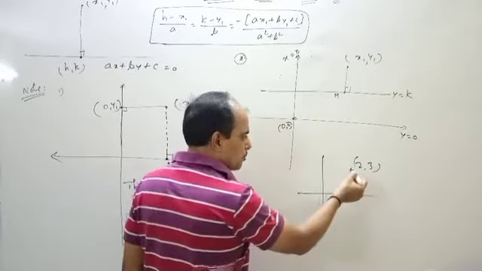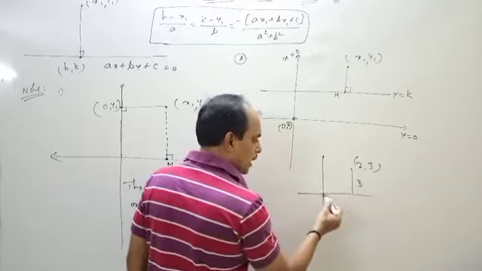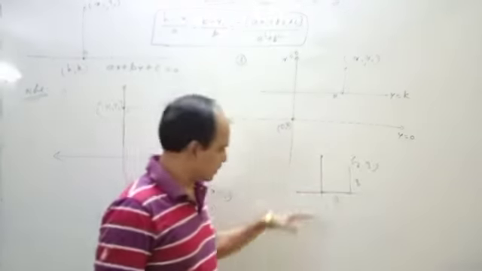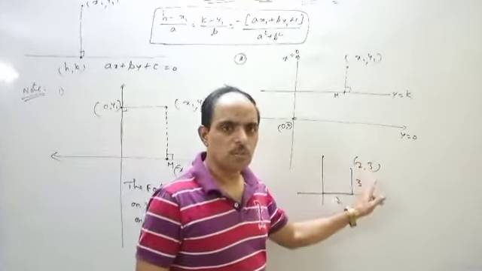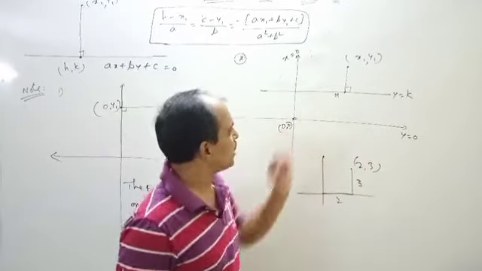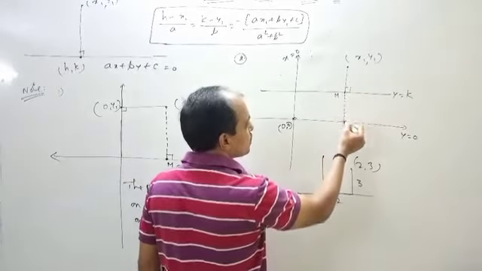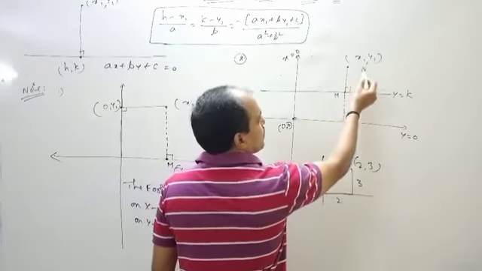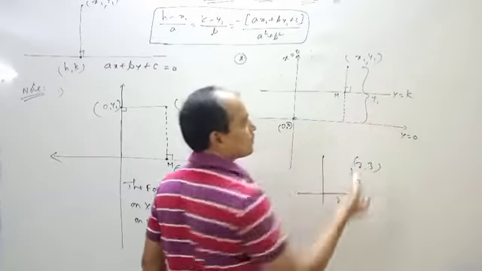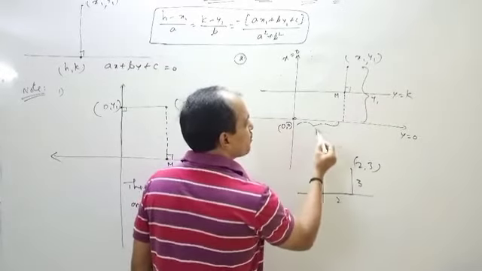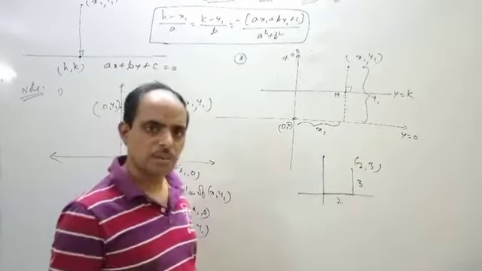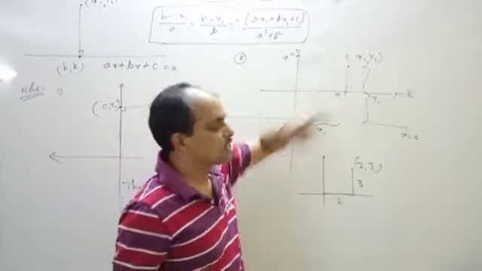What is meant by (2, 3)? This is 2 and this one is 3. Now the point becomes (2, 3). In the same way, observe this one. The point is (x1, y1), which means this is all y1 and this one is x1.